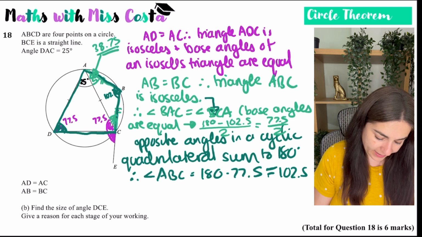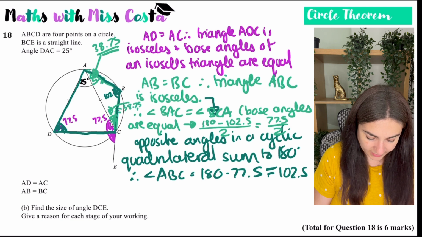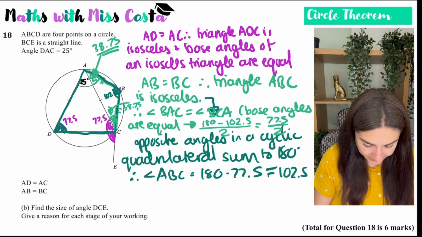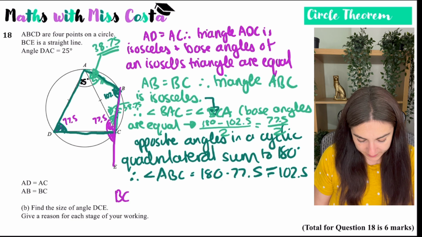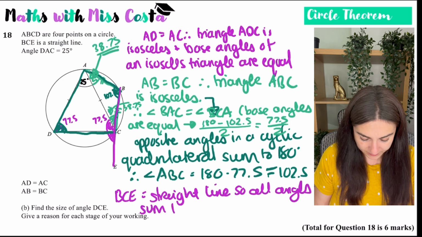Okay, so now I have essentially all the angles I need, because the last part is that BCE equals a straight line. So all angles sum to 180.